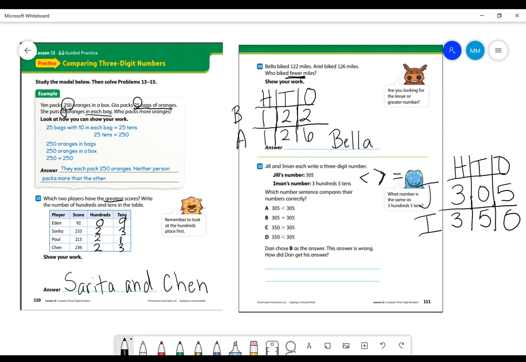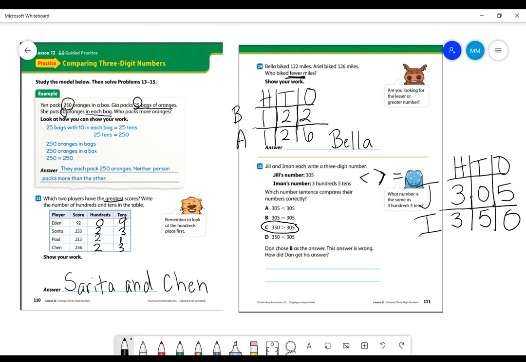Letter C says 350 is greater than 305. Remember, Allie's mouth always opens to the bigger number. So is 350 greater than 305? Yes, because we checked to make sure that we solved Iman's number correctly.